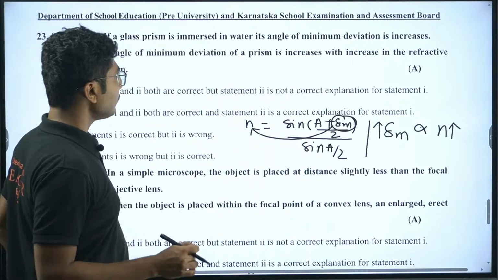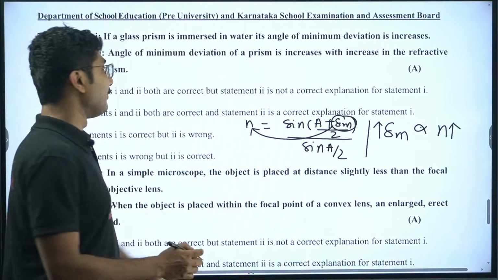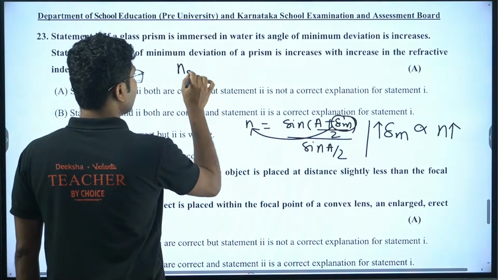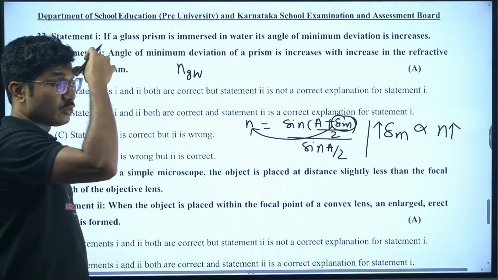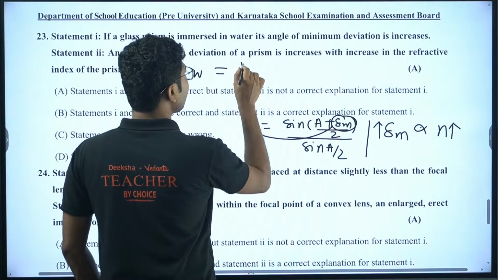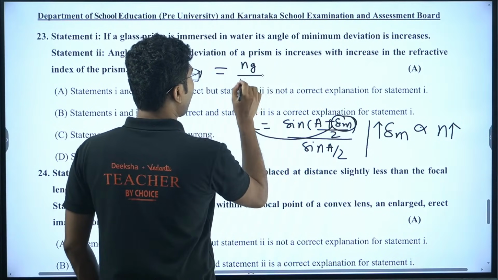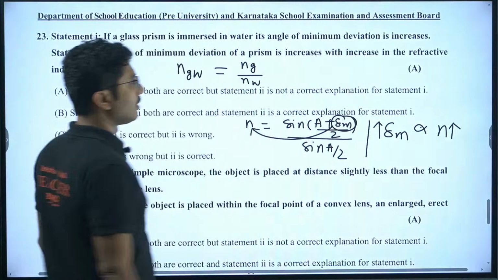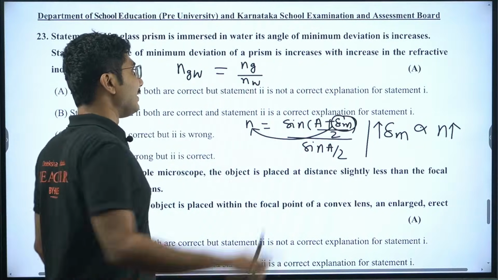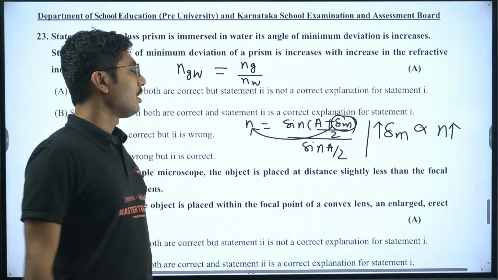Now, what about the refractive index when you put the glass into water? What is the relative refractive index? Relative refractive index is Ng by Nw, the refractive index of the glass divided by the refractive index of the water.